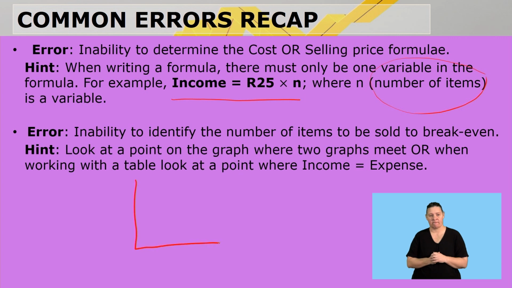So in a graph, it would have been my income, my expenses, there's the break-even point, trace it down to your horizontal axis, trace it to your vertical axis, and that will then be your break-even point.